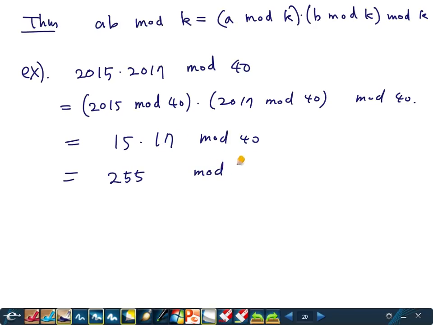But you don't have to do that. This is necessary because this is not in the right range. So this is what? 15. All right? So we didn't really compute this number.